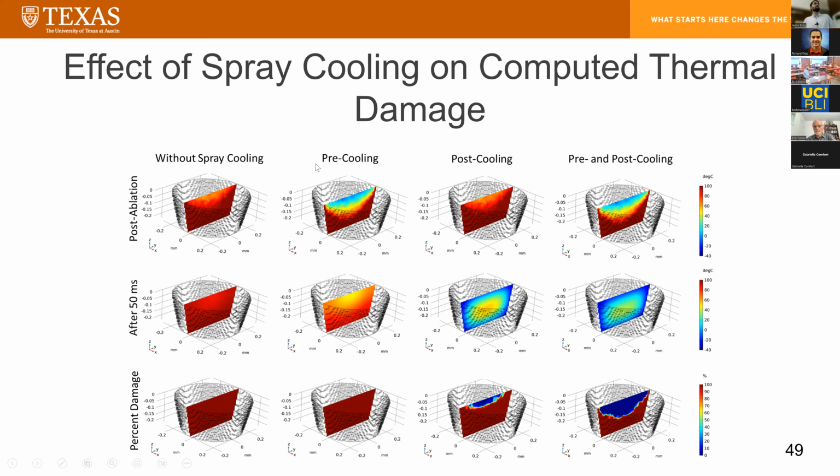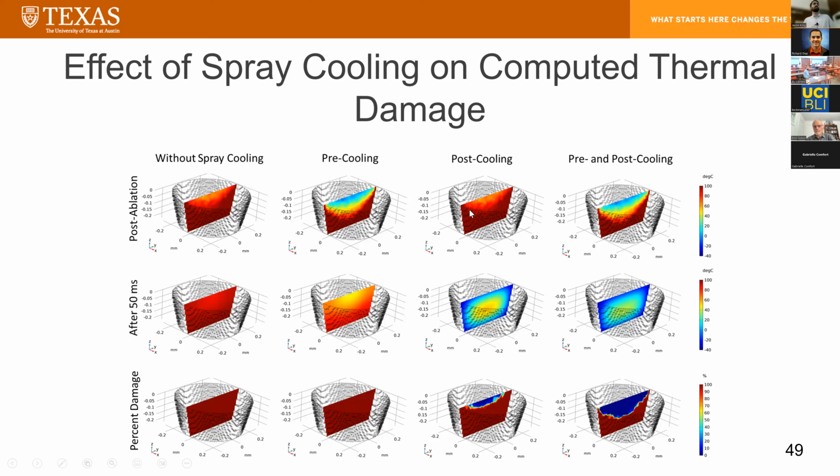When we implement just pre-cooling, again computationally, you can see that we can limit the heat in this top layer of the tissue. However, over time, the heat spreads, and it is still predicted to cause significant damage. With cooling the tissue after the laser pulse, after the harvest, we can very rapidly remove the heat.